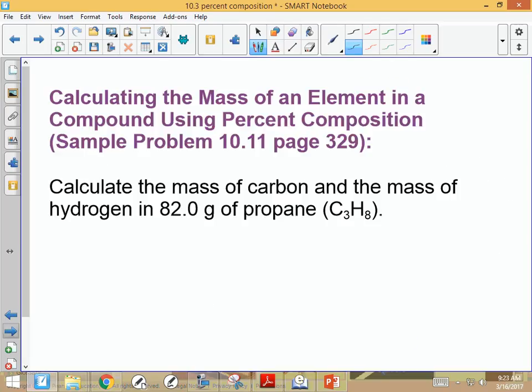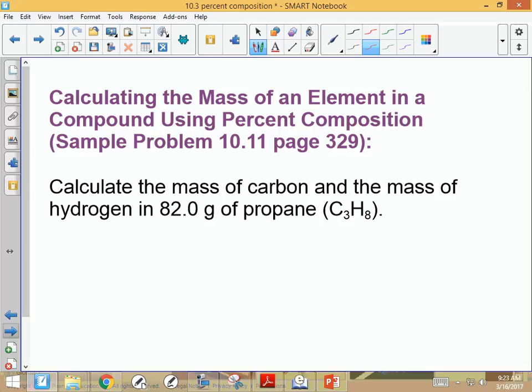Let's have a look at sample problem 10.11 on page 329. And let's all work it together. Here we go. Calculate the mass of carbon and the mass of hydrogen in 82 grams of propane.